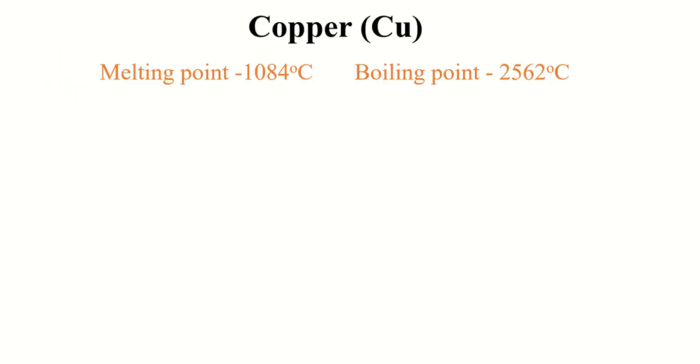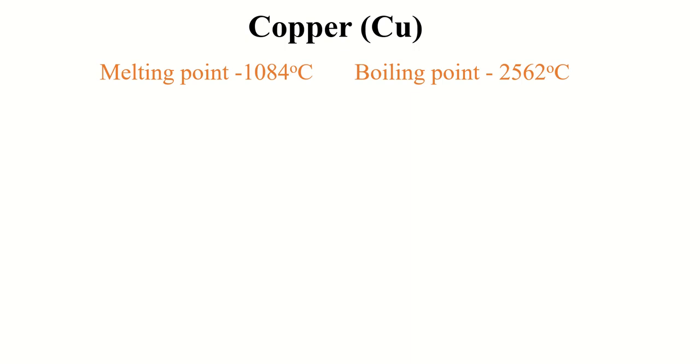The next metal is copper. Copper has good electric conductivity, so it is frequently used in electric wire and some other electric applications. Copper is also used to make bronze and brass.